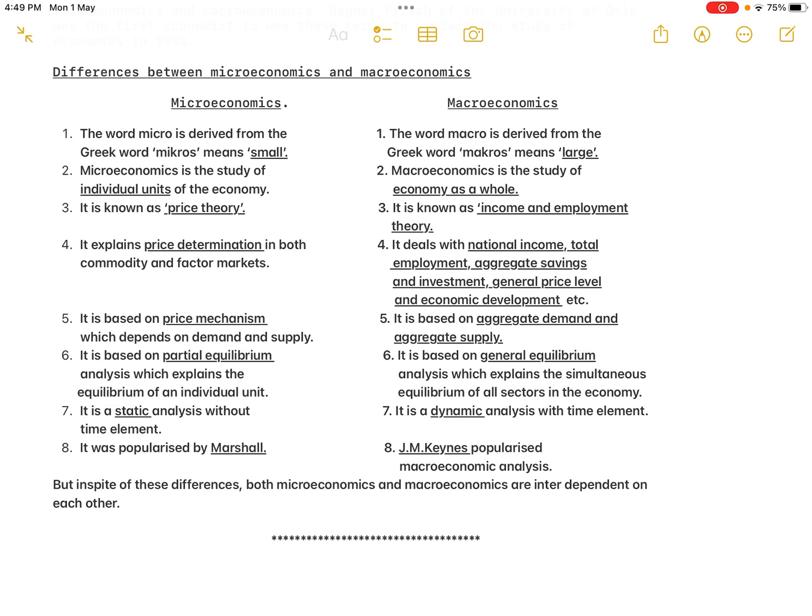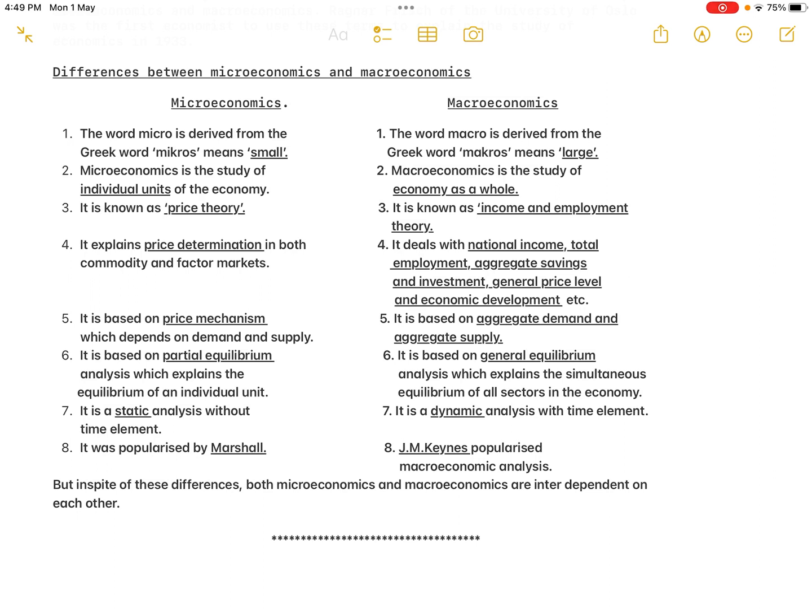Automatically it will go up and down according to the changes in demand and supply, and by properly going up and down, it will bring out an equilibrium between demand and supply. That is how the price is determined for all the factors, commodities and services according to microeconomic analysis. So that is why it is based on price mechanism which depends on demand and supply.